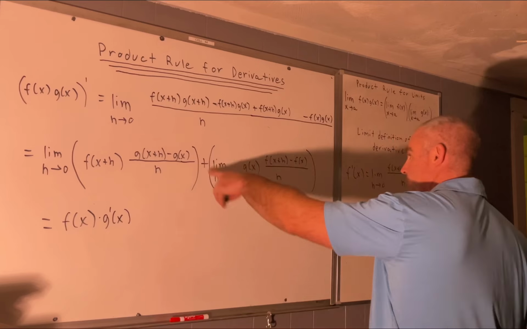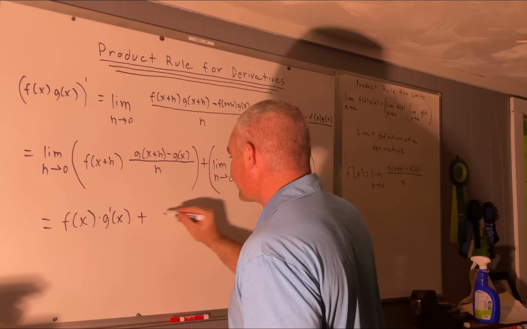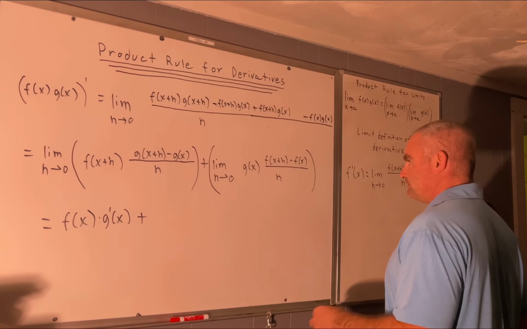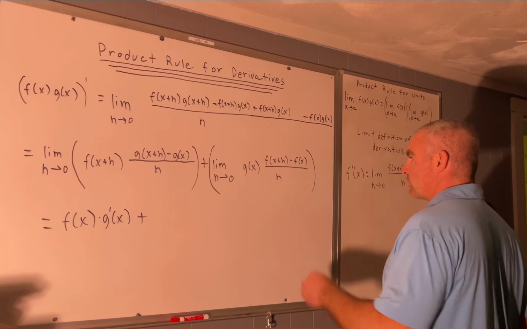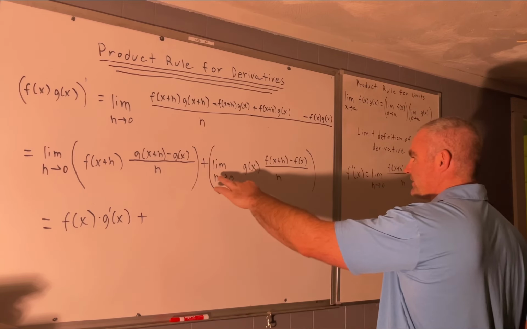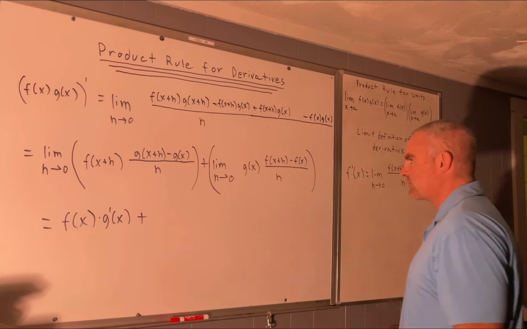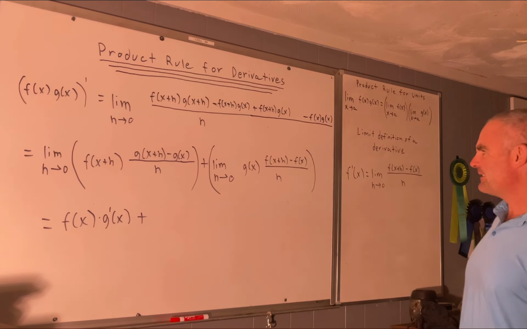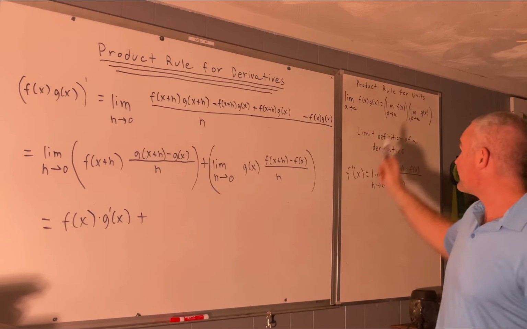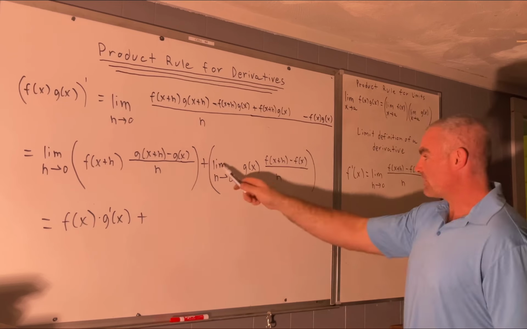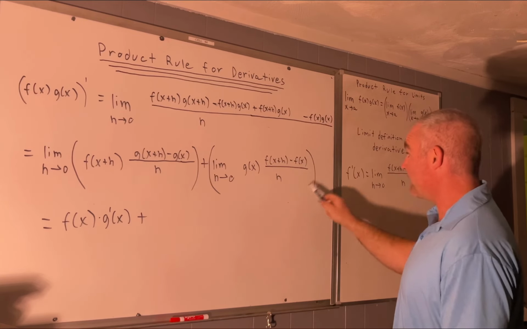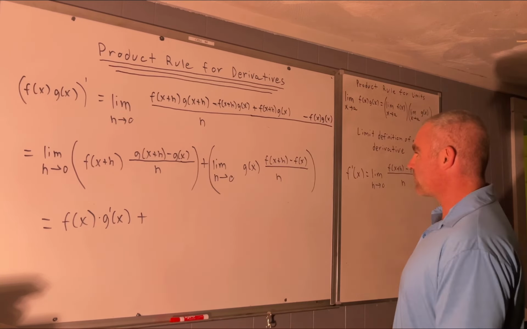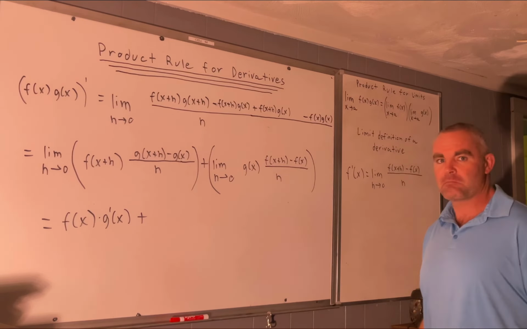All right, and then we have plus this limit, so we'll say plus. Well, we have the limit as h approaches 0 of g of x. Well, I'm sorry, we need to use the product rule for limits again. So this is going to be the limit of this times the limit of this. Well, what's the limit as h approaches 0 of g of x?